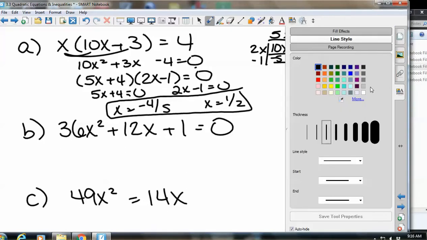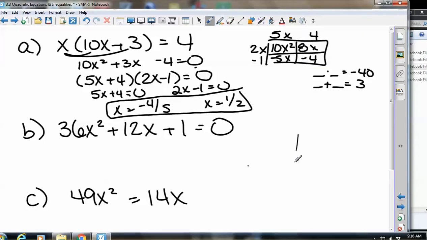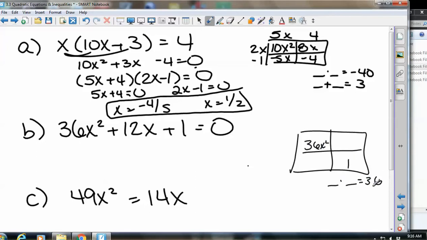Okay, second one, we do our box method. So those multiply to 36, add to 12, so that would be 6 and 6. So if you factor, you get 6x and 1, 6x and 1.